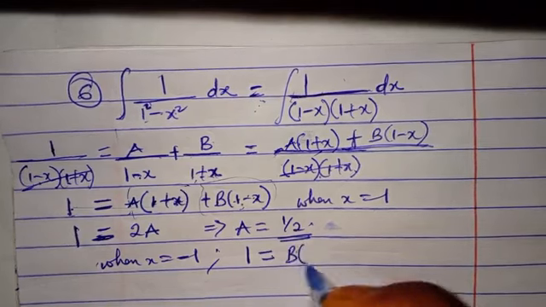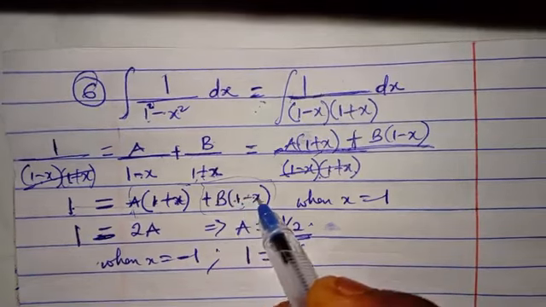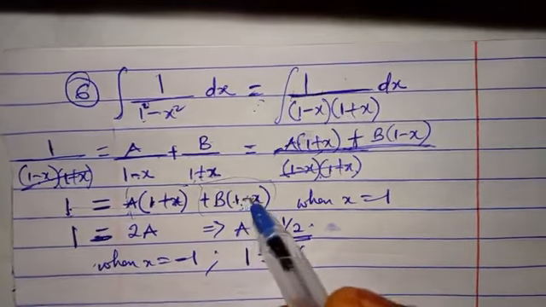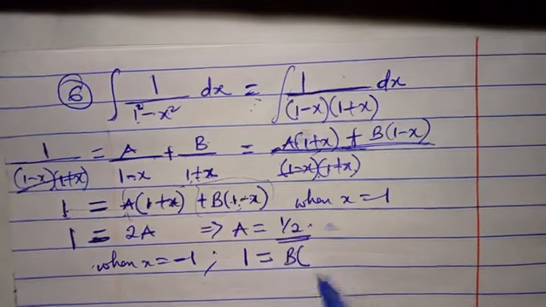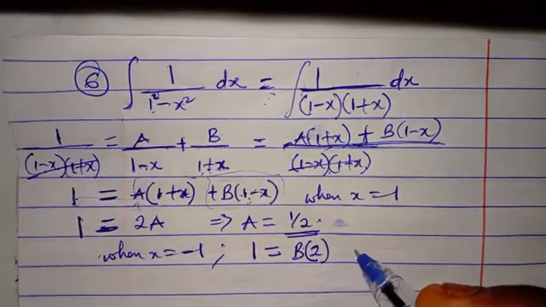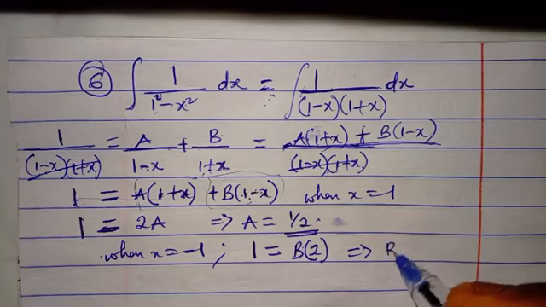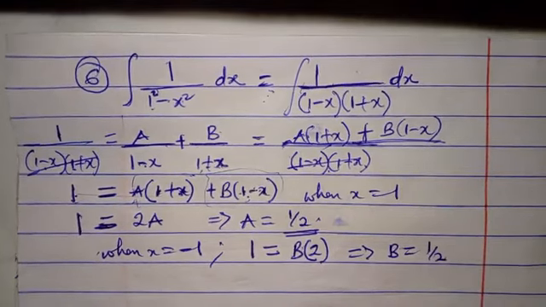Then we have b in brackets, 1 minus minus 1. There is a minus here before, and we are saying that x is minus 1. So 1 minus minus 1 is 2, and that will be 2b. Dividing both sides by 2, it means that b is also equal to 1 over 2. So a is 1 half, b is also 1 half.